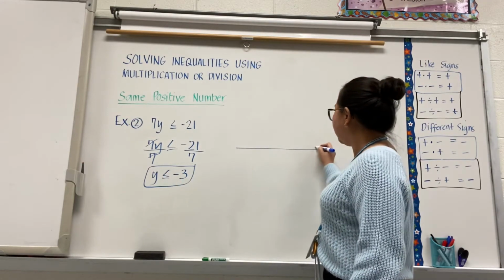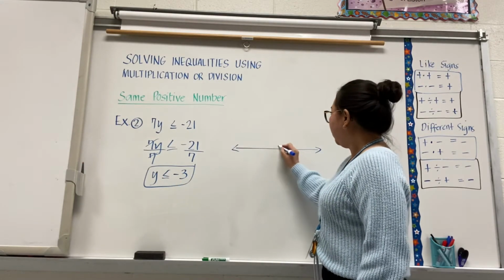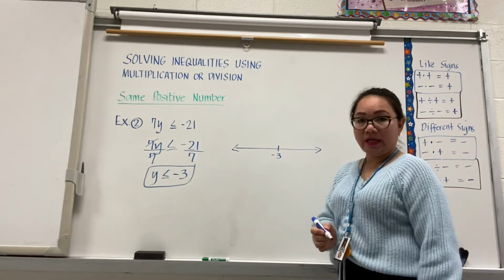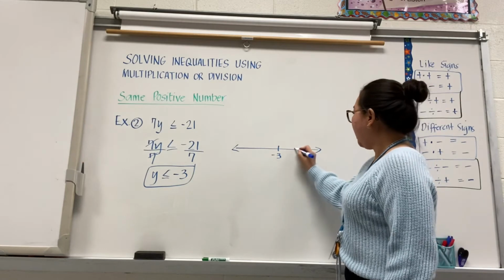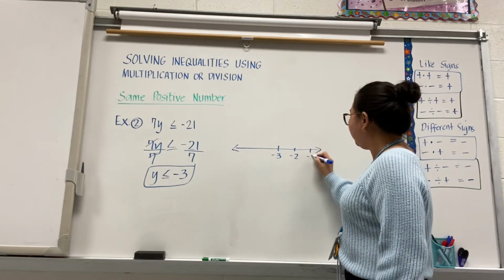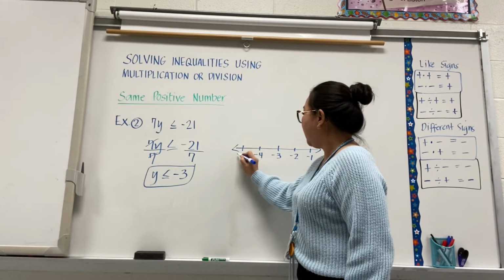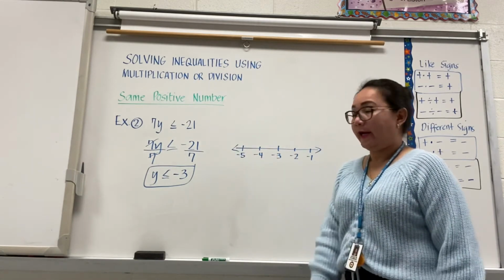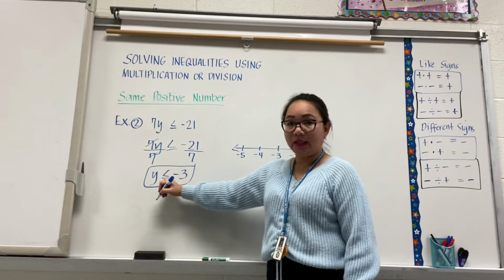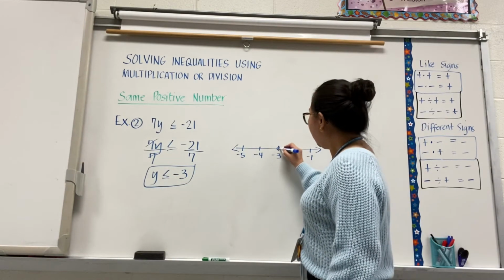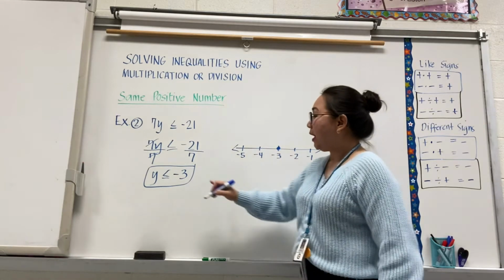Then graph the solution. Write negative 3 in the middle. Okay. Right of negative 3, you have negative 2, negative 1. Left of negative 3, you have negative 4, negative 5. Okay. So now here, the symbol is less than or equal to. So that means closed circle. So closed circle right here, less than.